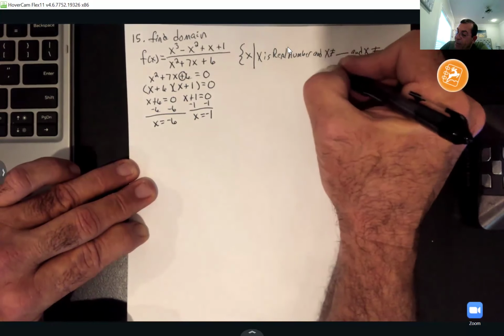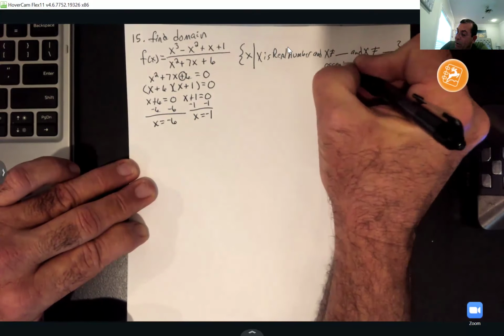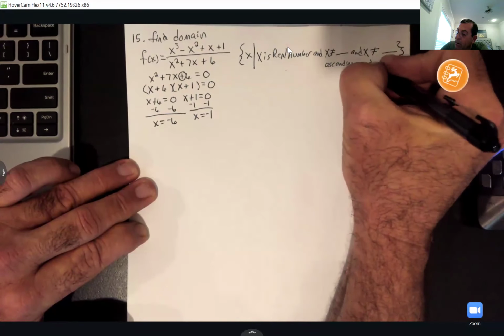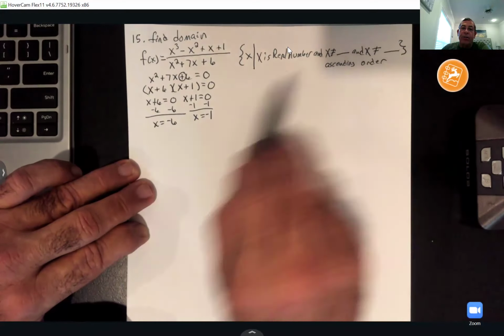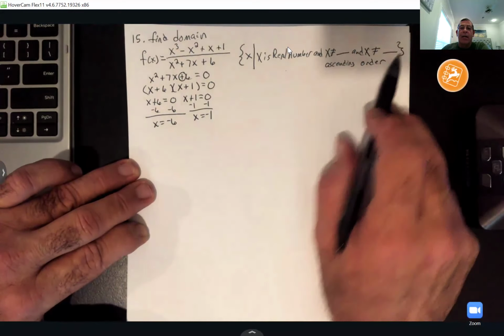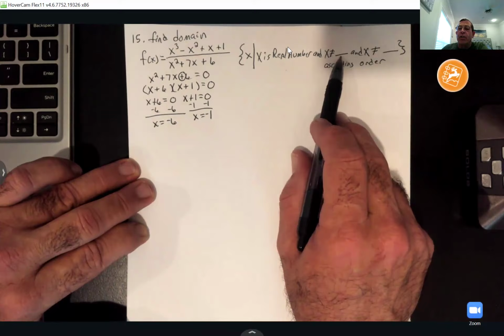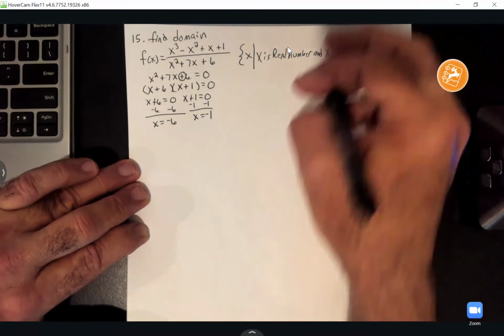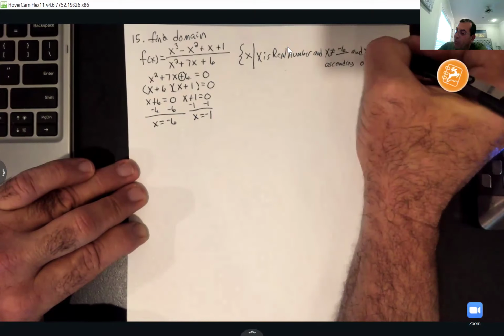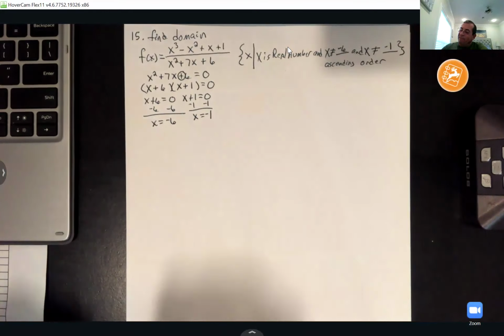The numbers have to be in ascending order. So you got to figure out which one of these is the smallest and put it first, and then the largest one goes second. So what would y'all put in the first blank? Which of these numbers is the smallest? -6. And then we'll put our -1 there.